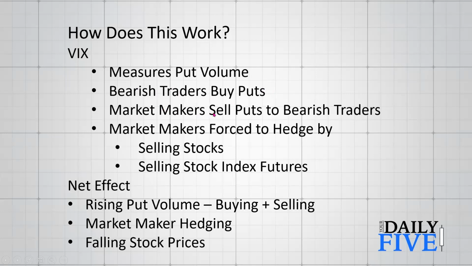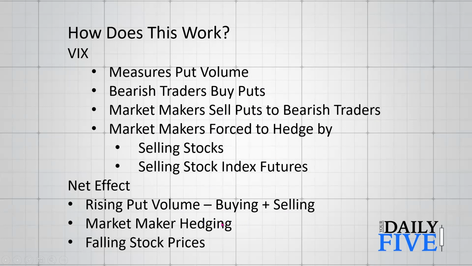And as a result, the market makers have to sell puts to bearish traders. So when market makers sell puts, they are forced to hedge that bet by selling stock and selling stock index futures. Net effect is that you have rising put volume, again, buying from bears and selling from market makers.